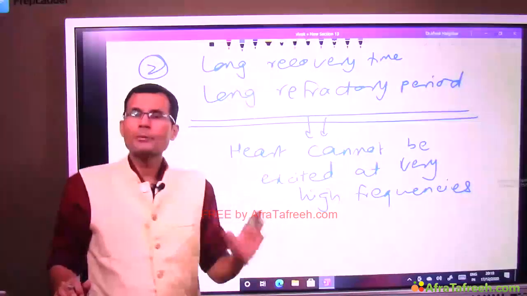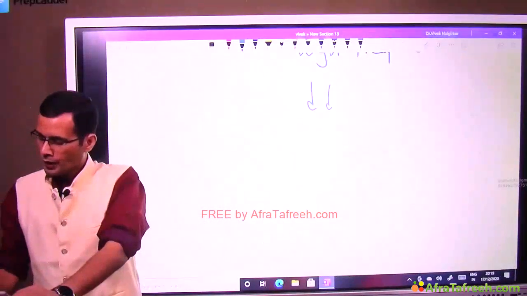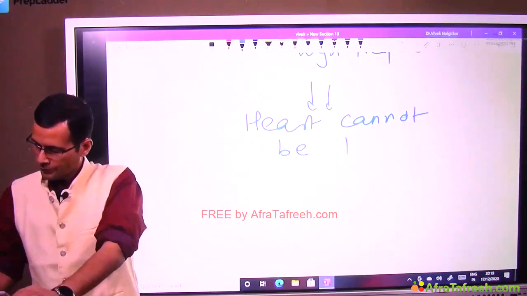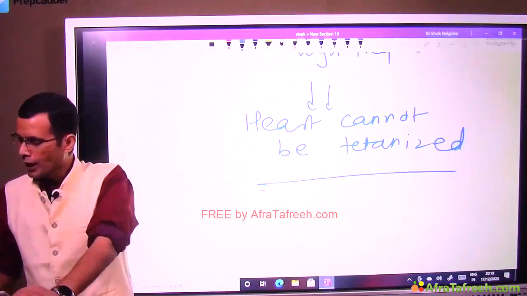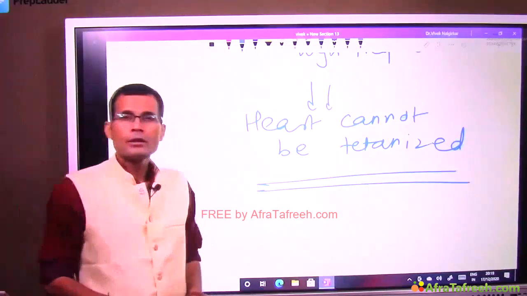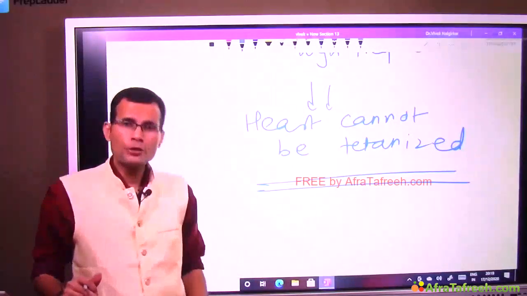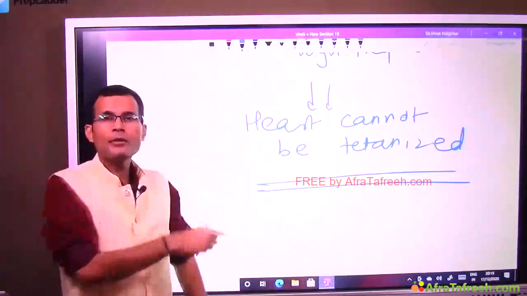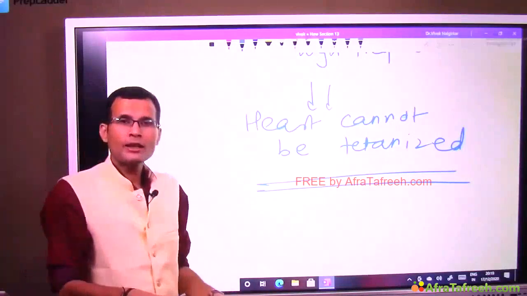So the heart cannot be excited at high frequencies, and therefore heart muscle cannot be tetanized. Tetanus is not possible in the case of the heart. What is tetanus? A sustained state of contraction and failure to relax that happens from high frequency stimulation of the muscle. It's possible in the case of skeletal muscle.